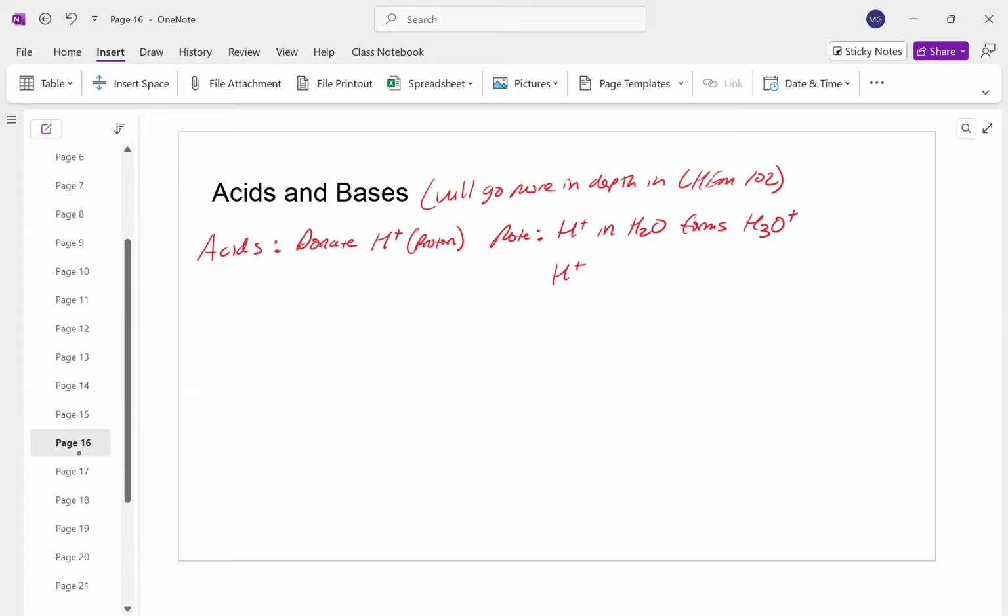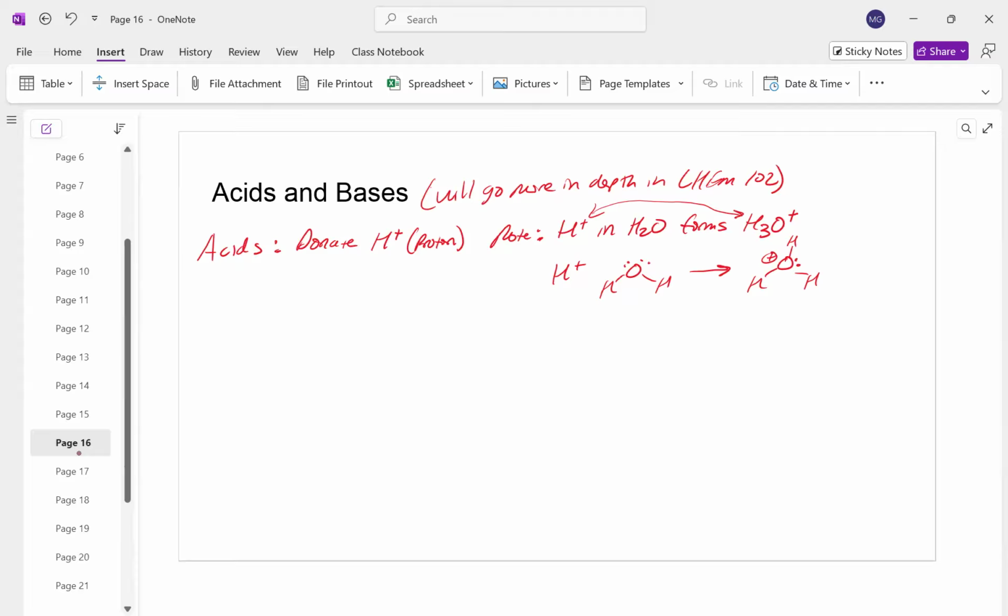So H+ basically forms a bond with water to make hydronium. And you'll see me use these interchangeably. So H+, H3O+, you'll use them interchangeably. You'll see that used interchangeably as well when we get into OChem.